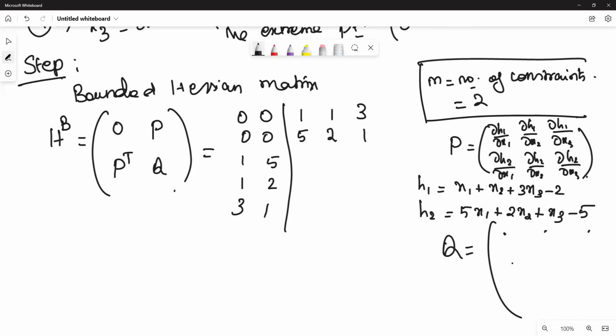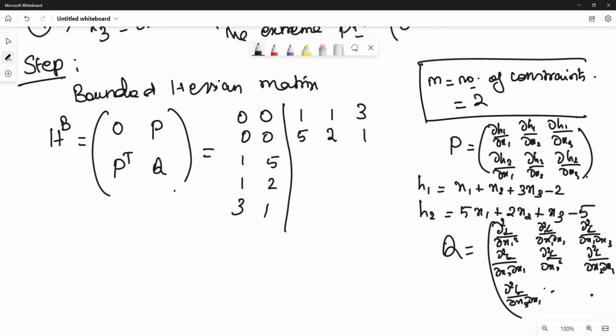So the order of Q is a 3 by 3 matrix, whose entries are nothing but second derivatives: dou square L by dou X1 square, dou square L by dou X1 dou X2, dou square L by dou X1 dou X3, dou square L by dou X2 dou X1, dou square L by dou X2 square, dou square L by dou X2 dou X3, dou square L by dou X3 dou X1, dou square L by dou X3 dou X2, dou square L by dou X3 square.